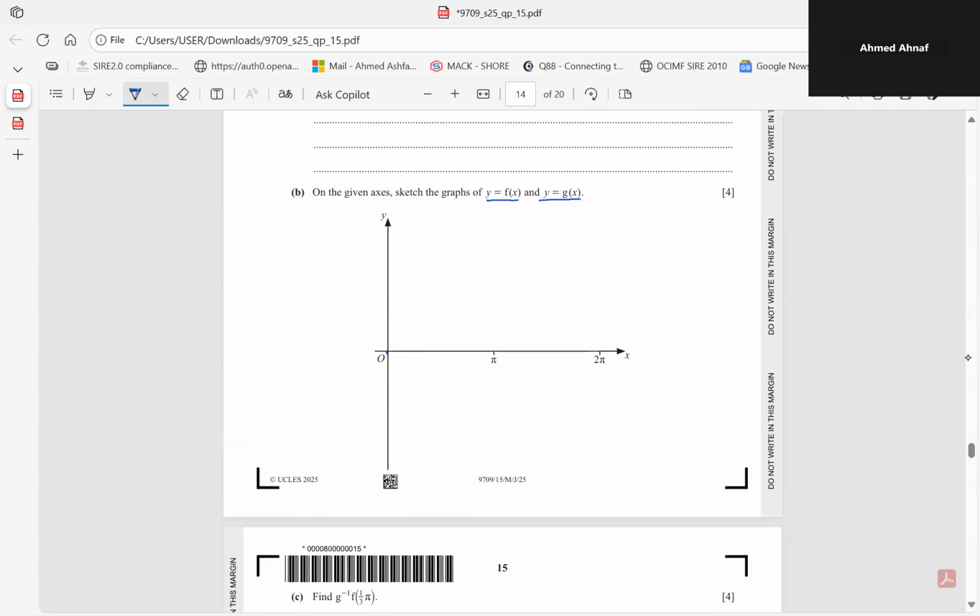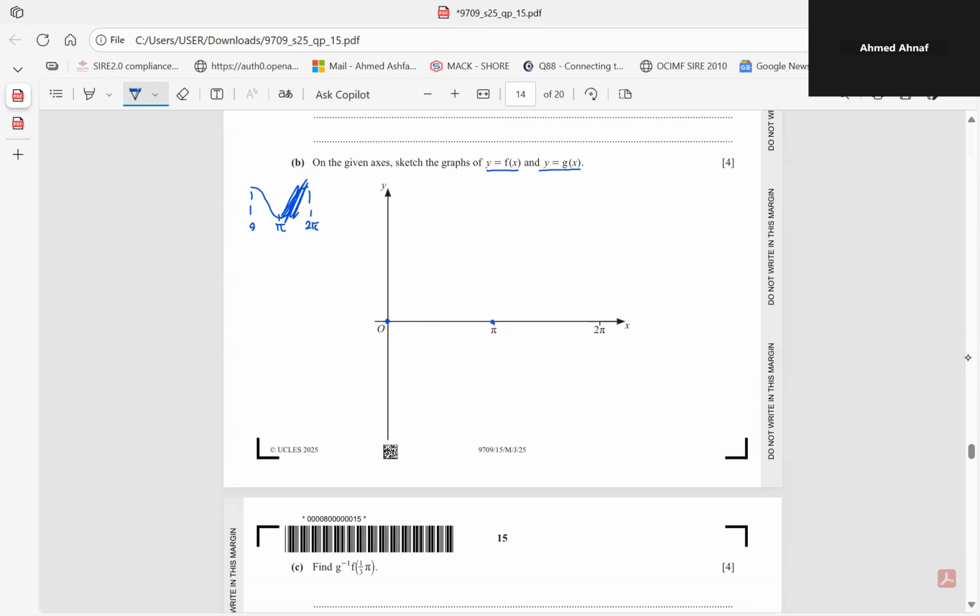So you can only draw between here and here. For cosine, the graph usually looks like this from 0 to 2 pi. But since we're only doing until pi, we're not going to do this other branch. So it's just going to be this mirrored S shape. So let's draw that.